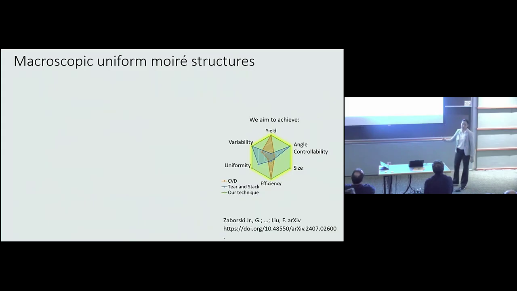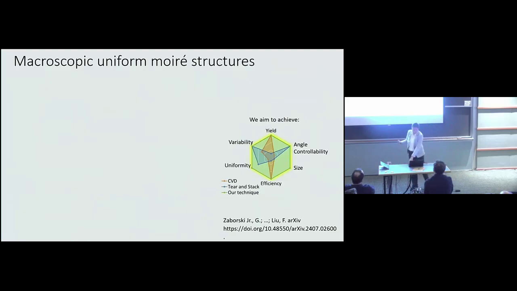And if you synthesize them with chemical vapor deposition growth, it is very hard to control the twist angle. So you cannot really grow a magic angle twisted bilayer graphene just from chemical vapor deposition. So we're trying to find a technique to create moiré structures with large yield, high angle controllability, big size, high efficiency and high uniformity.